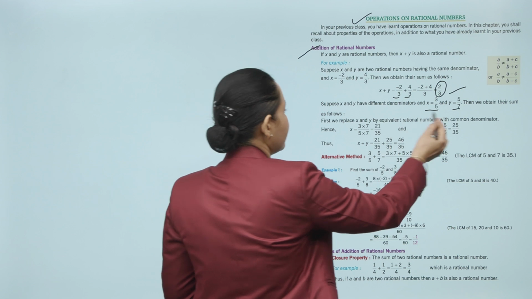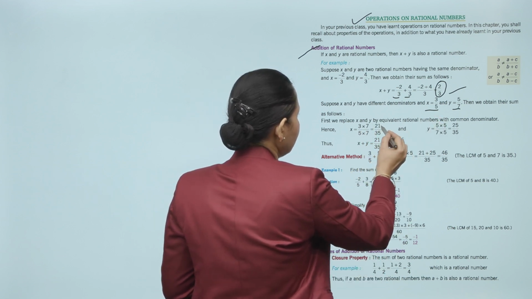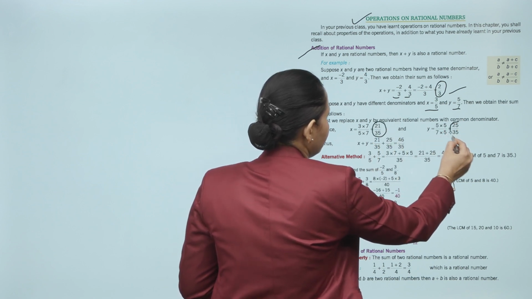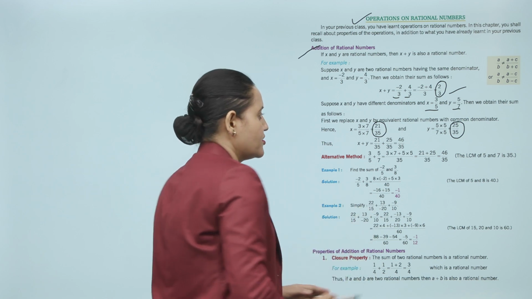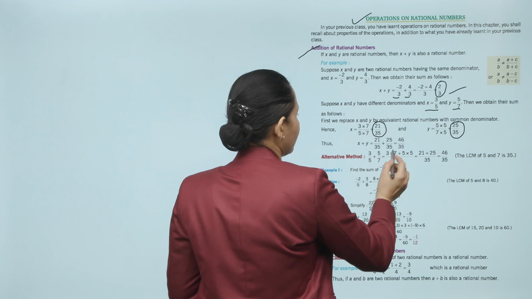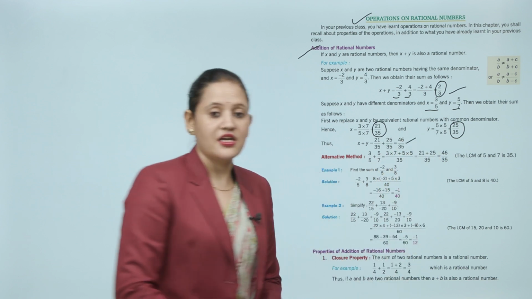For that we take the LCM and turn them into equivalent fractions. So the first will be 21 upon 35, and this will be 25 upon 35. So the denominator is the same. Now we add: x plus y equals 46 upon 35.